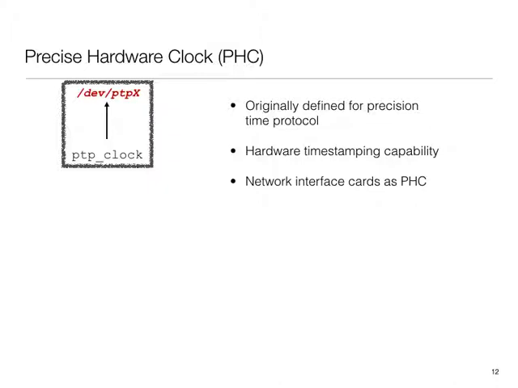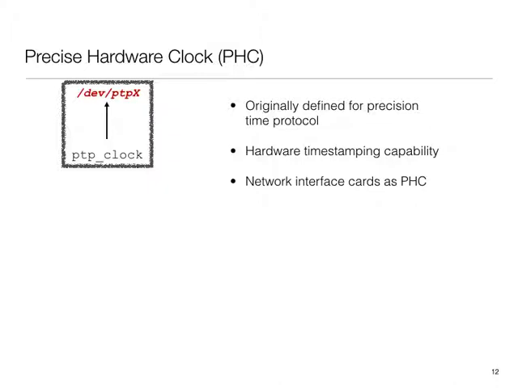Okay. The concept of this PTP clock is very useful, and it's used widely for network interface cards, for the radios, for, let's suppose, Ethernet. The Ethernet controller was the very first subsystem that actually implemented the precise hardware clock.